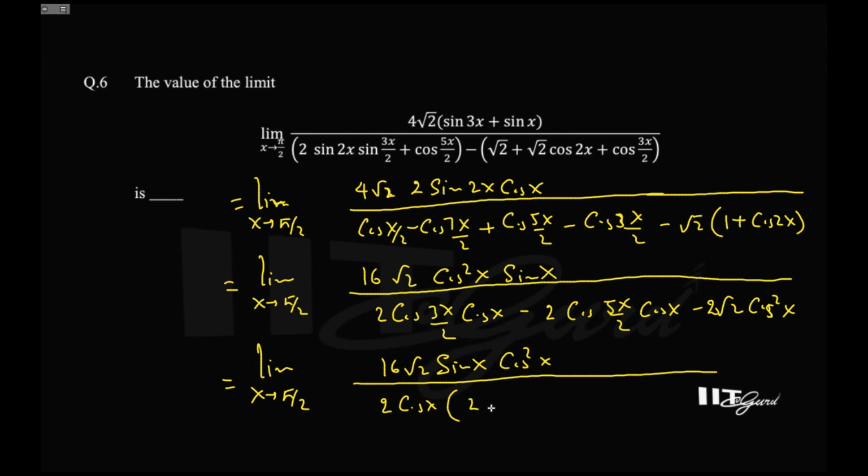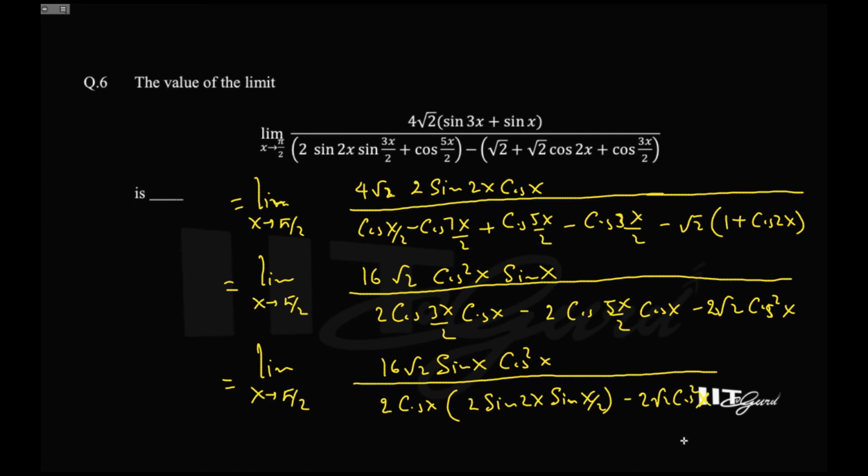Then you say cos C minus cos D, that is 2 sin (C plus D) by 2, sin (D minus C) by 2, so 2 sin 2x, and here what we will get is sin x by 2, and that is minus 2 root 2, and you just copy out here. This one is cos square x.